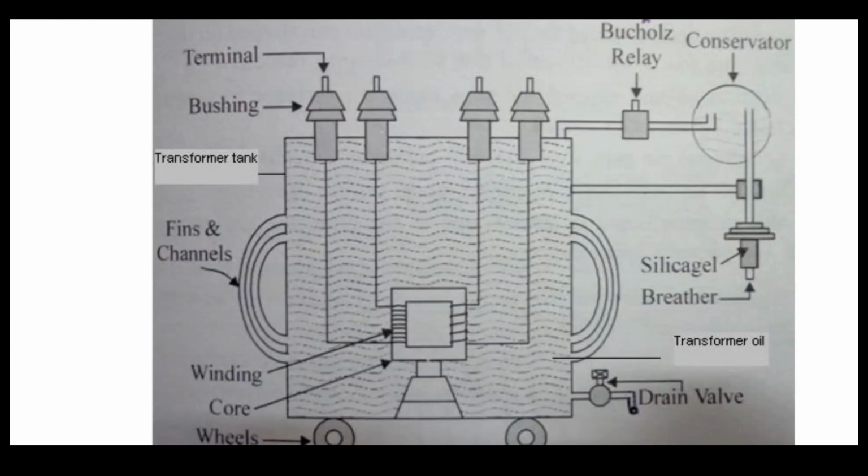Okay, so the conservator is also having the oil level indicator, which shows how much oil is filled in the conservator. Okay, so a temperature control indicator is also there, and in between the conservator and the transformer tank is the Buchholz relay.